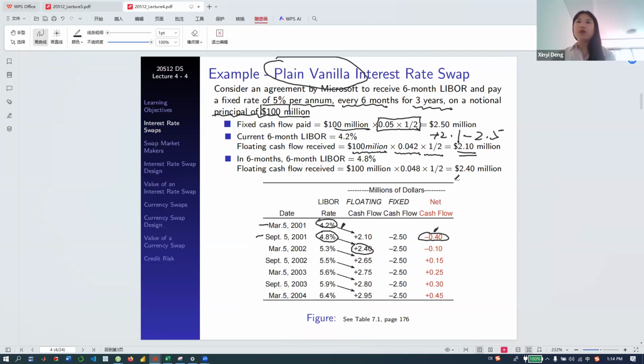So now to do the netting, you will be doing plus 2.4 since you are receiving the floating cash flow. And again, since you are paying the fixed cash flow, you will be subtracting 2.5. And the difference is minus 0.1, and you have to pay the other party of the agreement the money of 0.1 mils.